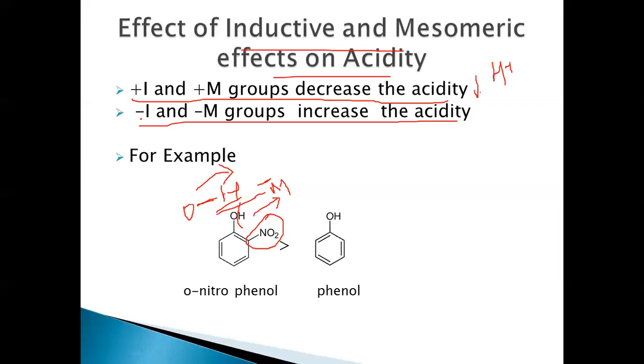On the other hand, if plus M or plus I groups are present, for example, the plus I group CH3, it will donate the electrons into the benzene ring.